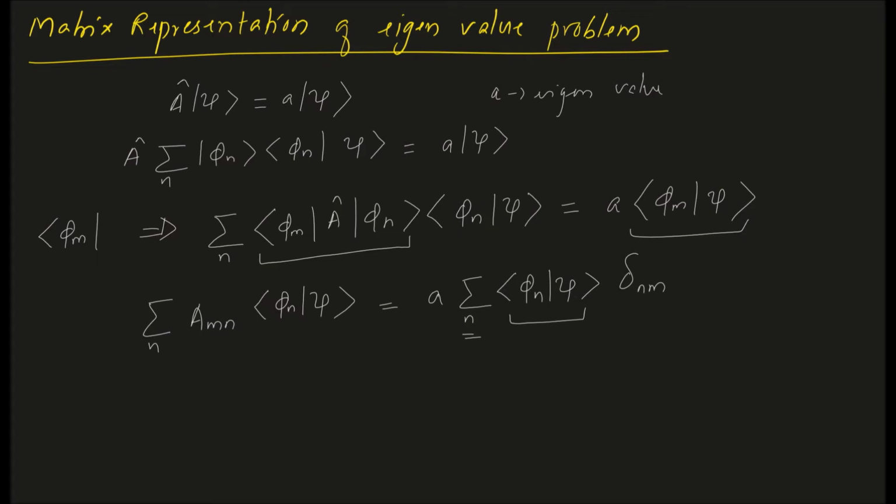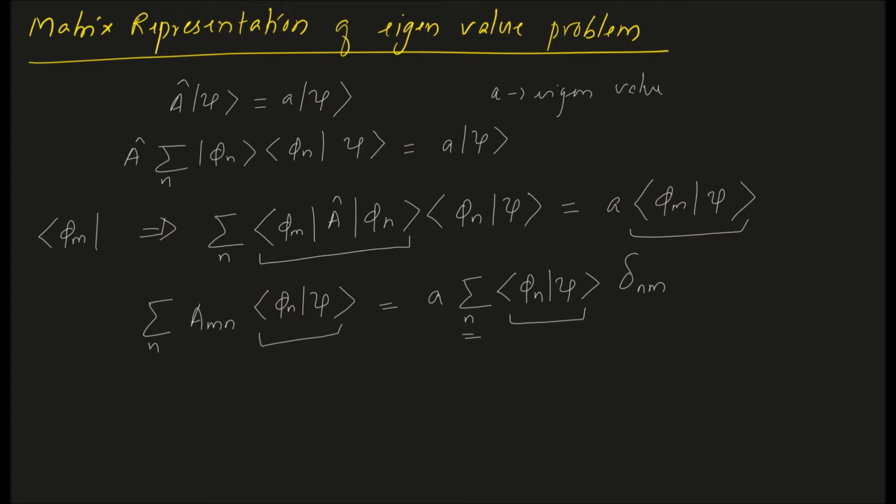Then why did we do that? This is just to make the left and right hand sides look similar. Now you can see that this phi and psi is identical on both sides. You have phi and psi. Okay.